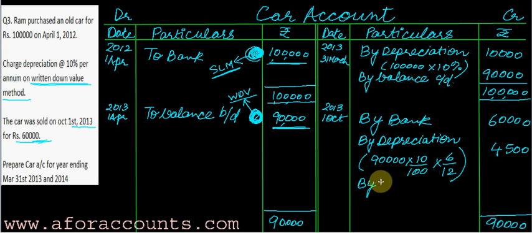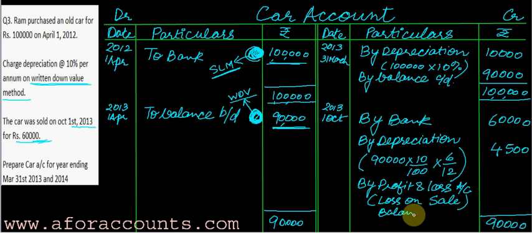By profit and loss account, loss on sale of machinery, that is your balancing figure, which is 25,500.